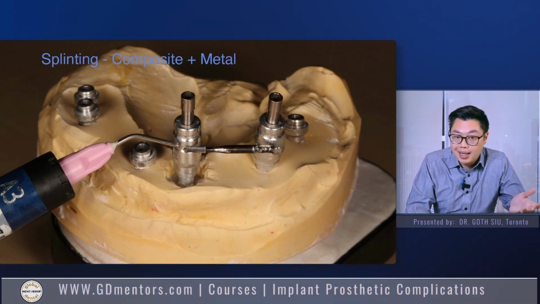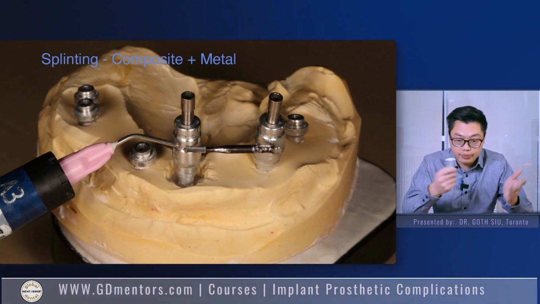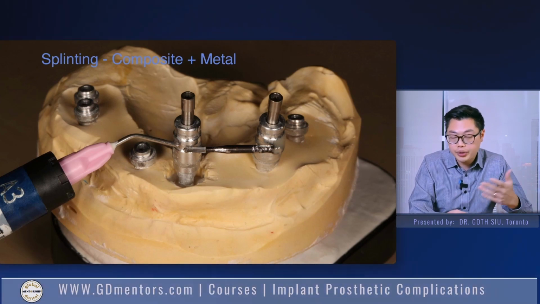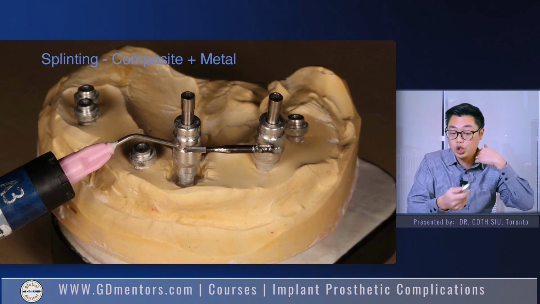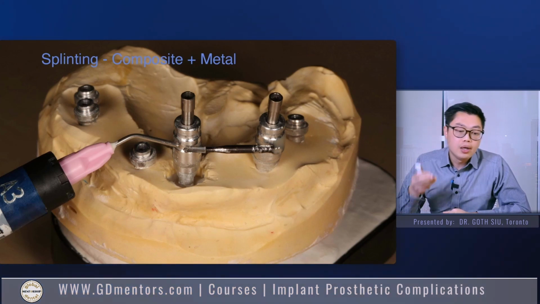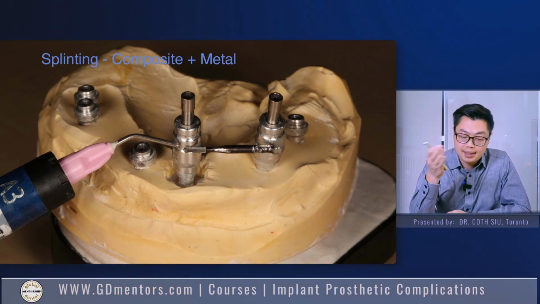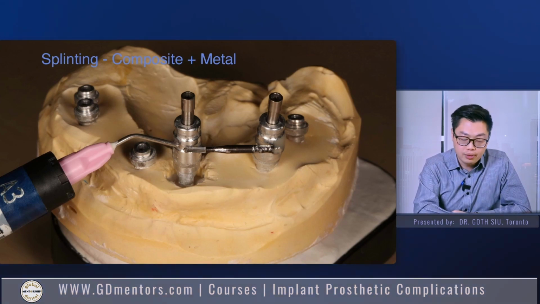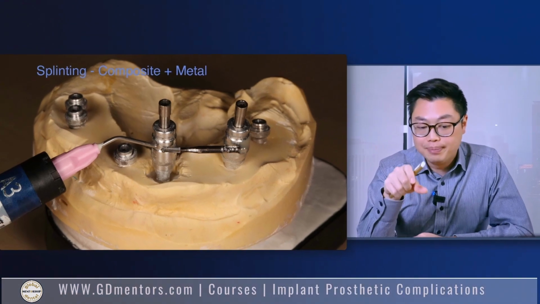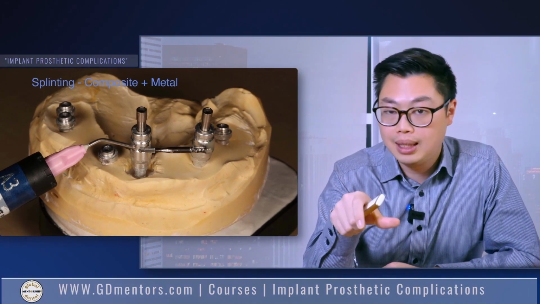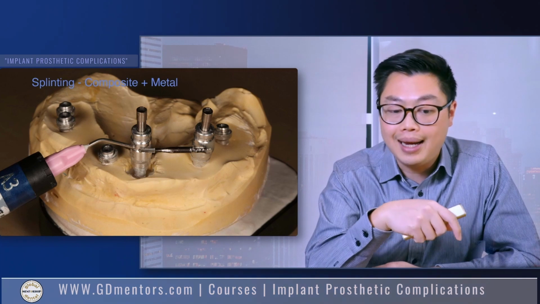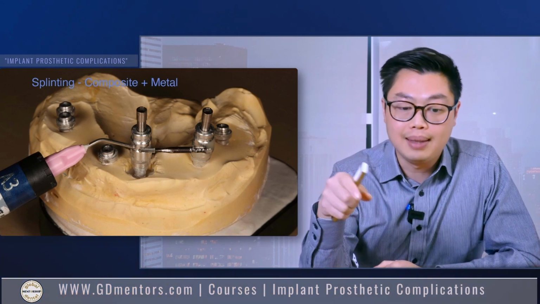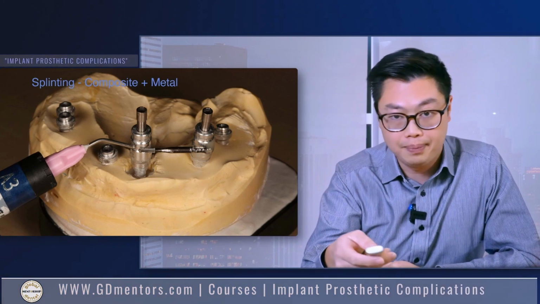Potentially even use composite that you're about to throw away because they're recently expired or whatever. Using composite that is just using it to join burrs together. I generally ding up the burrs so that it's kind of rough, and you cure it. If everything is joined together, I then take an open tray impression, right? So now these burrs are splinting the impression copings together, and it's actually more accurate than the PVS, which will shrink a little bit.